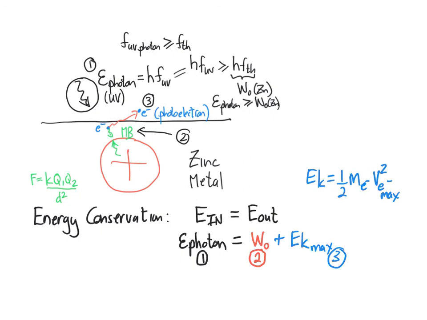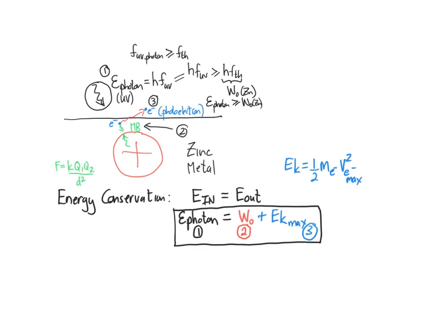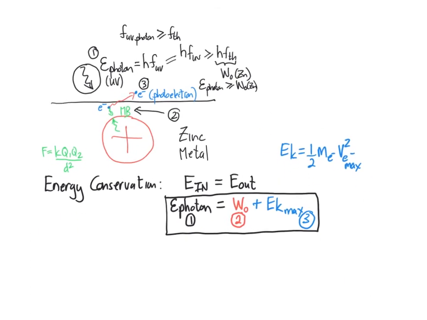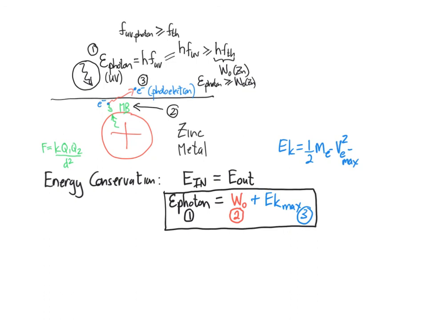Now this is a very, very important and very powerful equation which Einstein derived and which we, as I've mentioned, are going to use. And we can expand on this by doing the following. We know that the energy of the photon is given by Planck's constant times the frequency of the electromagnetic radiation.